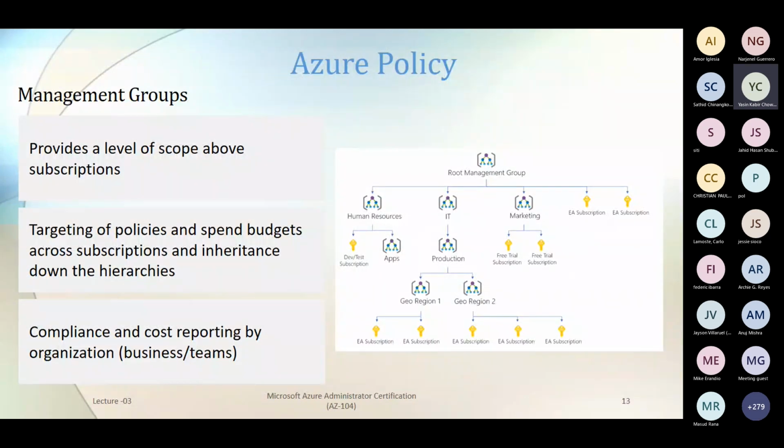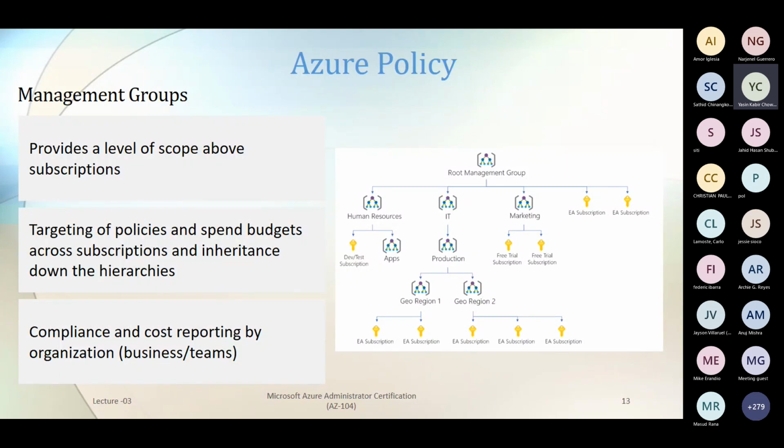We can make a management group, and under that group we can have a subscription. We can have another group, and if you make a policy on that group, it will go down hierarchically to the other groups.